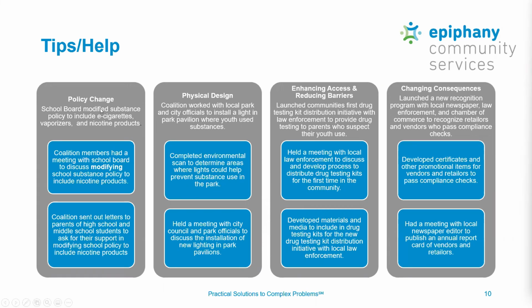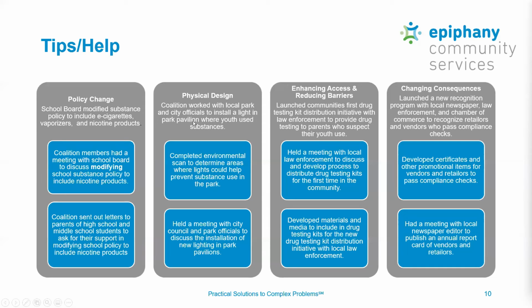This coalition had specific strategies they wanted to address, and those were listed at the top of these gray boxes. Then to address those strategies, they had some different community changes they wanted to see implemented in their community, and that's what's in these gray boxes as well. Here, they were trying to get the school board to modify the substance policy to include e-cigarettes, vaporizers, and nicotine products.